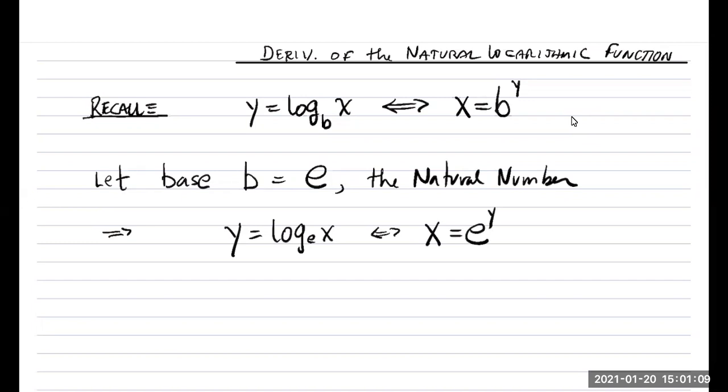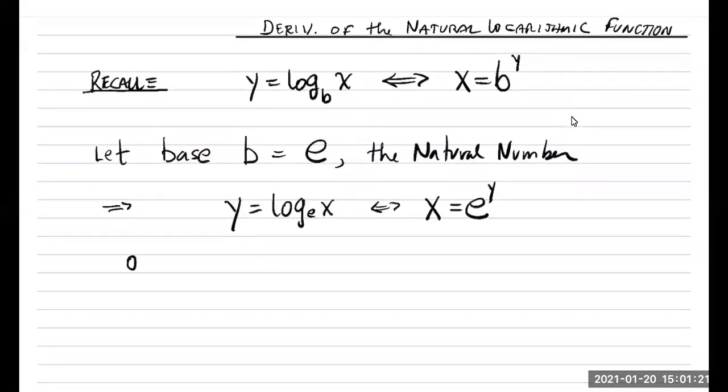Now remember, gang, for logarithms of x base e, because that's so special, we use a different symbol for that. Remember, we use ln for natural logarithm. So I'm going to write it like this. Okay, and I want to find the derivative of this natural logarithmic function. What is the derivative of ln of x?